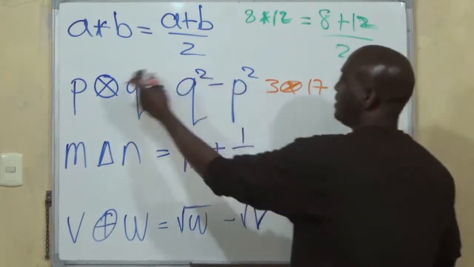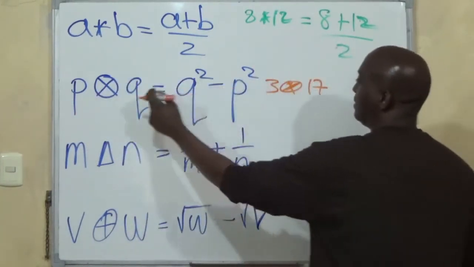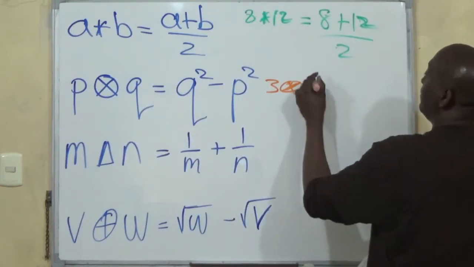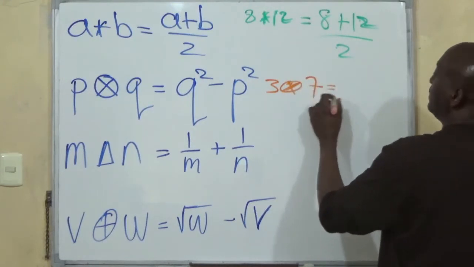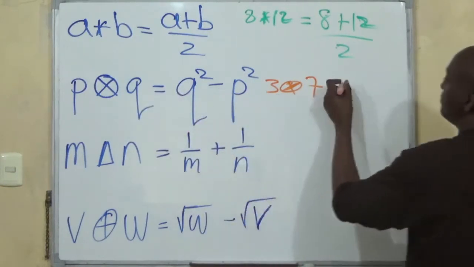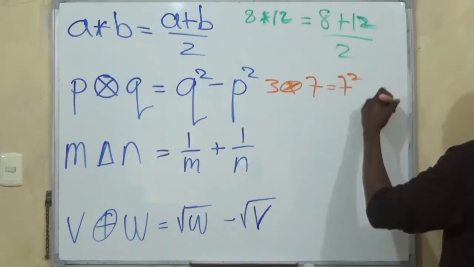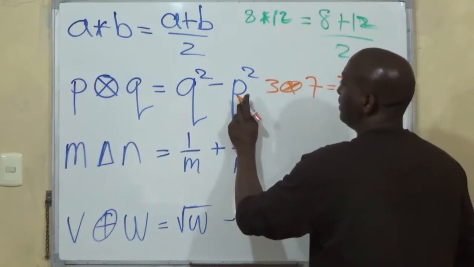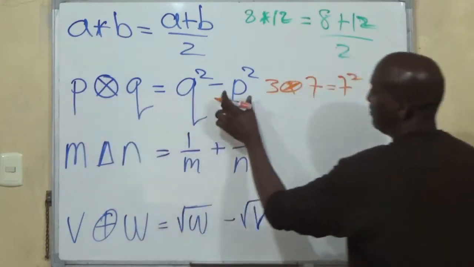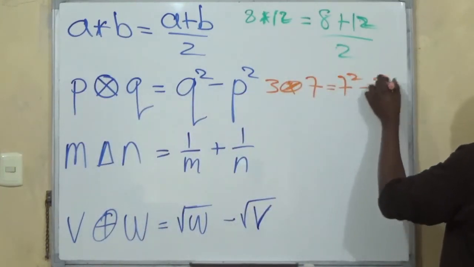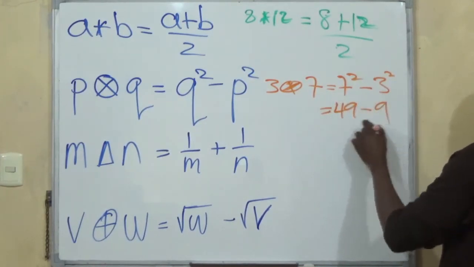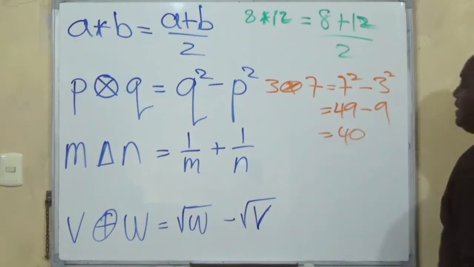Again, the 3 corresponds to the P, and the 7 corresponds to the Q. So that will be 7 squared, 7 to Q. You have Q here. 3 to P, so I have P squared here. 7 squared minus 3 squared. 7 squared is 49, 49 minus 9, which is equal to 40.